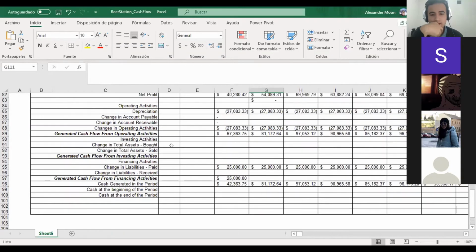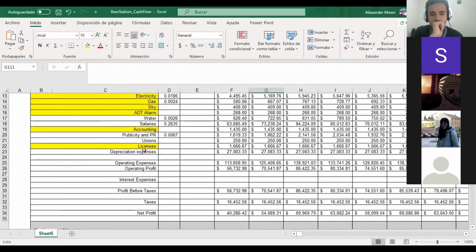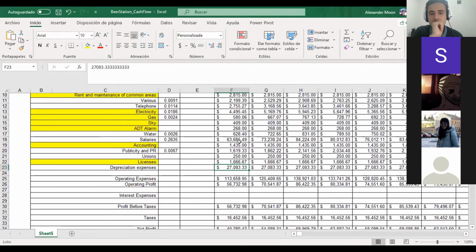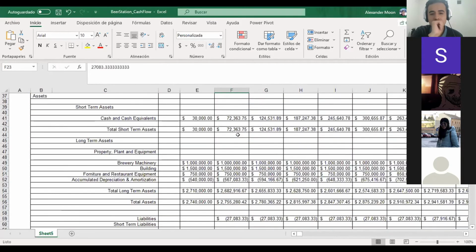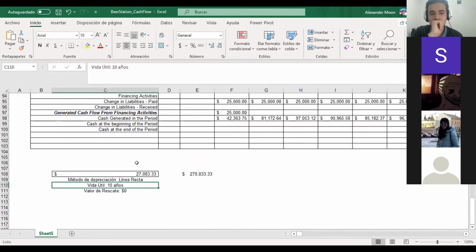All right, so here in the income statement is the depreciation expense, amounting to 27,083 pesos and 33 cents. Then I found the data in the case which said the useful life for the forecasted expenses was 10 years, straight line method, and a 0 peso salvage value.